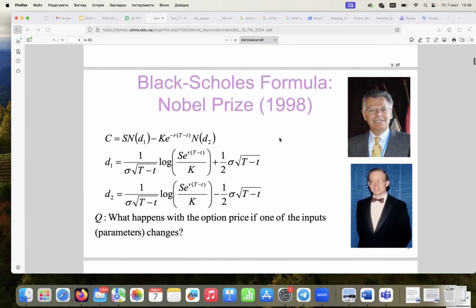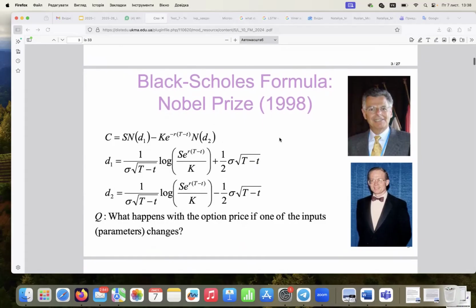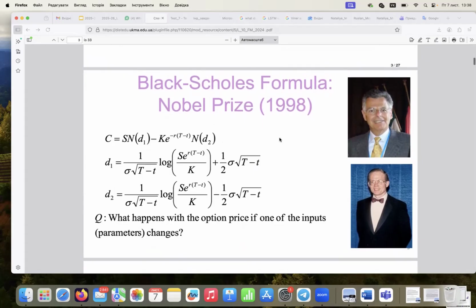And the third, very vital component, is option pricing. So the Black-Scholes formula gives us this formula.